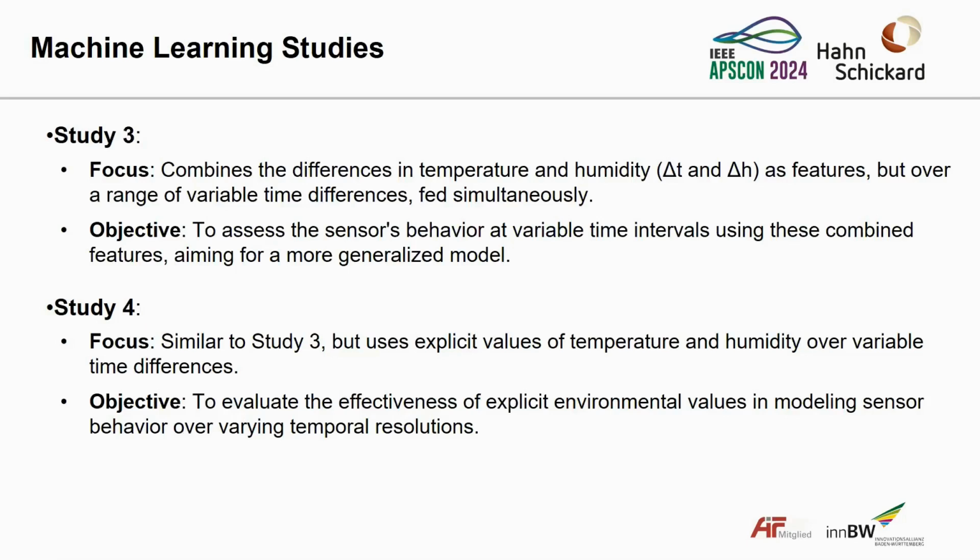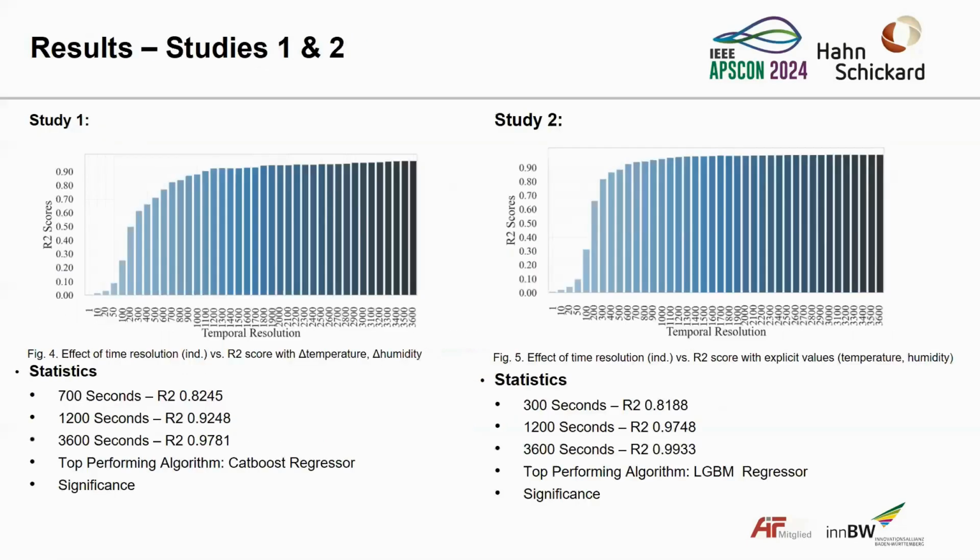That's why we add a different feature, which is the change in time itself. Similarly, for study 4, we give the temperature and humidity values as explicit features with change in time as a variable feature, which is able to generalize over a series of time.